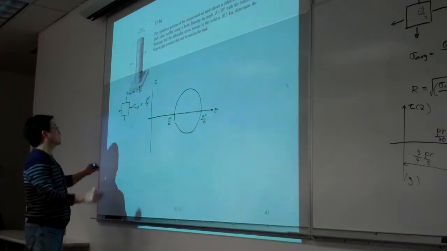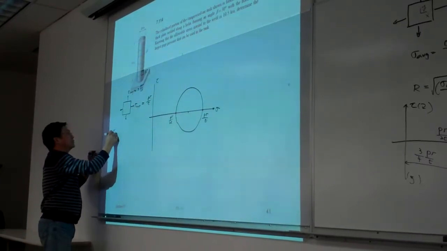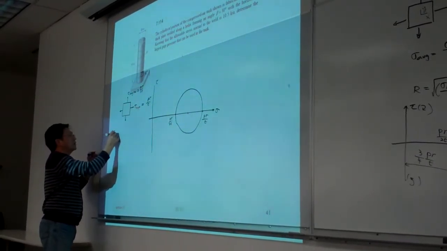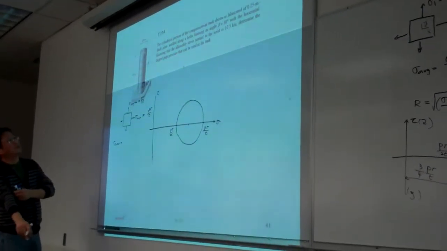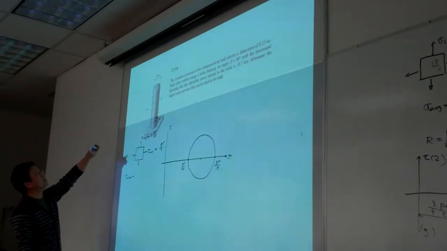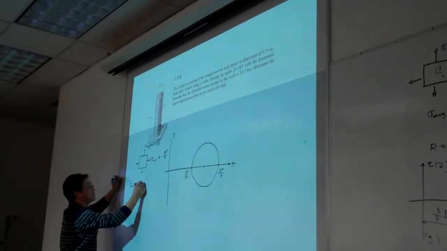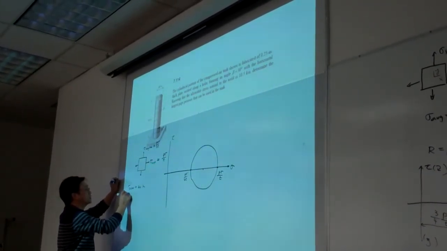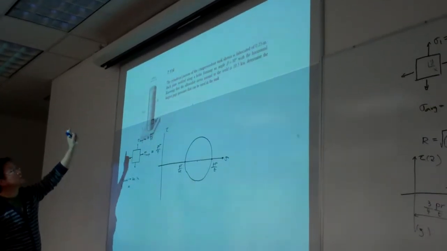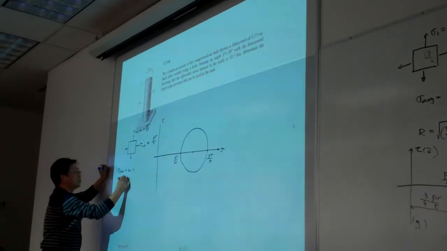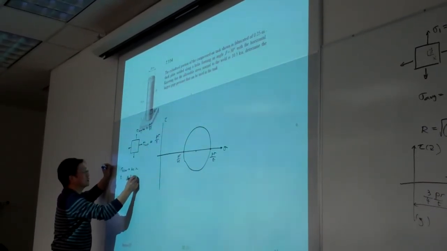For example, here, the outer diameter is how much? It is 20 inch, and the thickness is 0.25 inch.